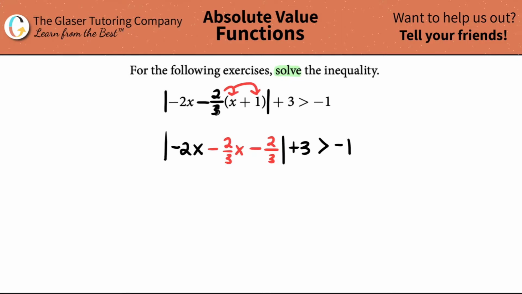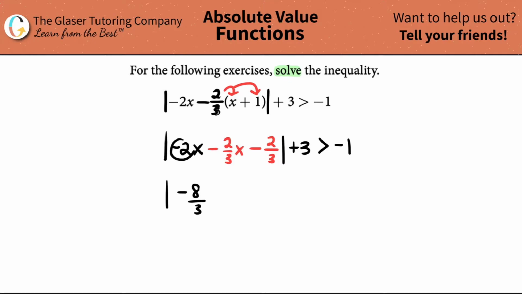Okay, so it looks like I have two x terms here that I can simplify, right? So this would be negative 2x minus 2 over 3x. If I keep it in fraction form, it would be negative 8 over 3, right?